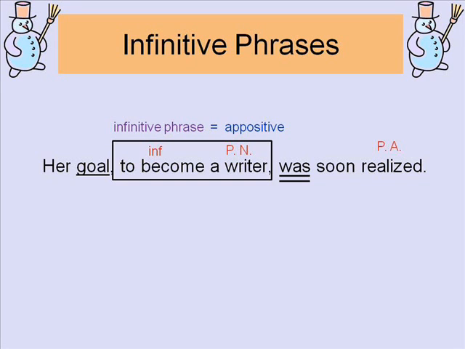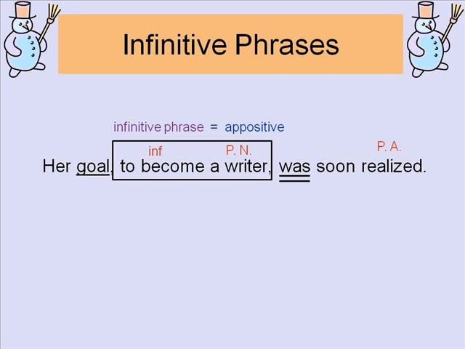Okay, let's try another one here. Her goal to become a writer was soon realized. Subject is goal, a linking verb is was, realized is our predicate adjective. But this time we have an appositive. Our infinitive phrase, to become a writer, is an appositive.